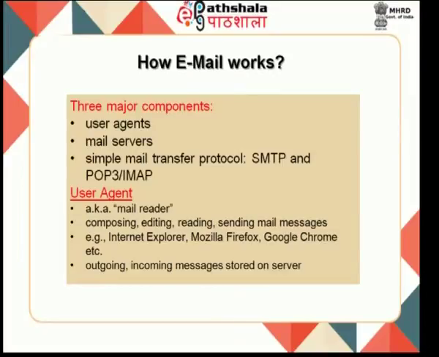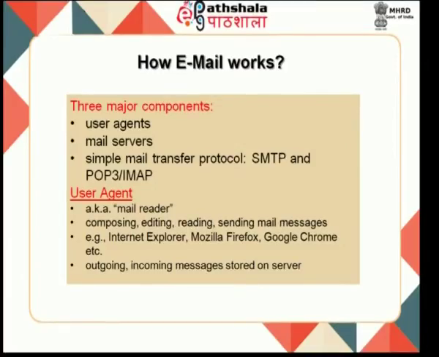And now we can see how an email works. There are three major components in how an email works. Here we can see that on the internet there are many computers connected through a common communication network, and we need to have some software in the client computer or the server computer to communicate or send messages over the internet.